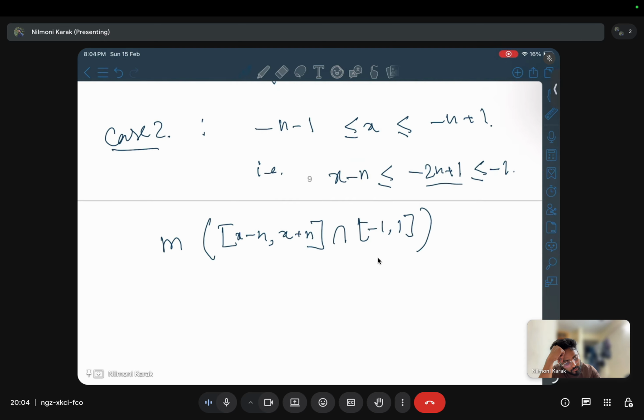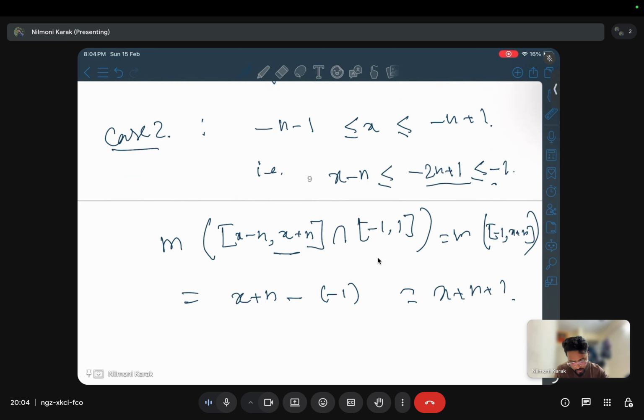The lower limit of this is minus 1, so this should be x plus n minus, minus 1. Simply the length of this interval, because the intersection is from minus 1 to x plus n. So x plus n plus 1, right?